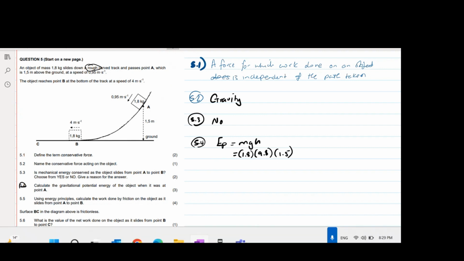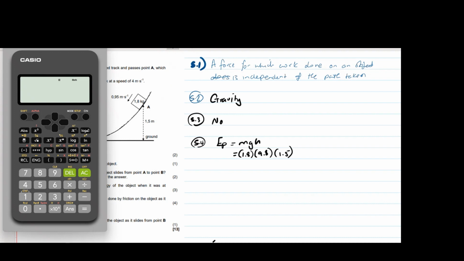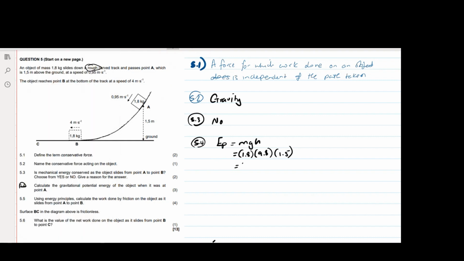This requires the use of our calculator: 1.8 multiplied by 9.8 multiplied by 1.5. It should give us 26.46 joules of energy.